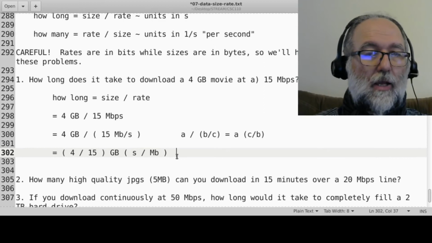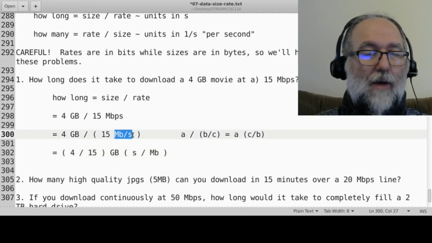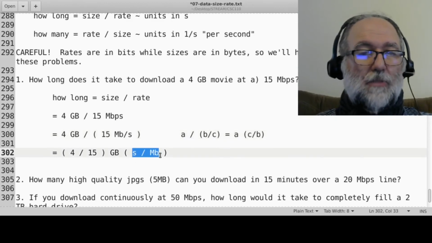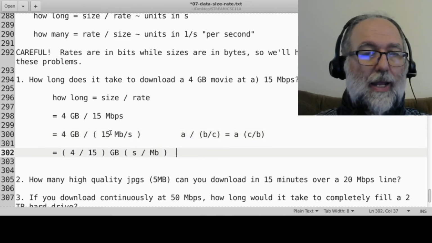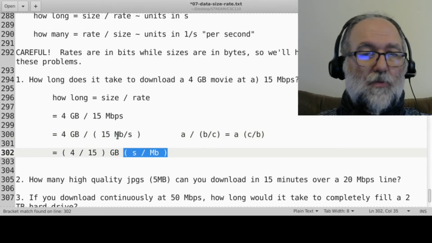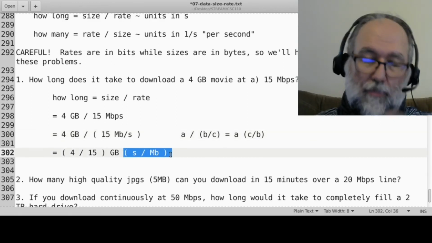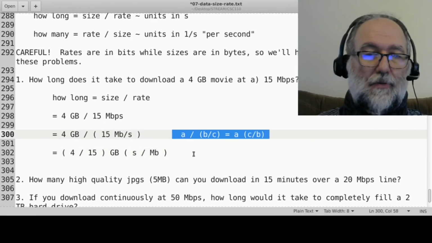Like that. Okay, so what did I do there? That was megabits per second in the denominator, and that becomes seconds per megabit in the numerator. Okay, that's the hardest part in solving these problems right there. Basically that was in the denominator, now it's in the numerator, but it's the reciprocal. I did exactly this here.